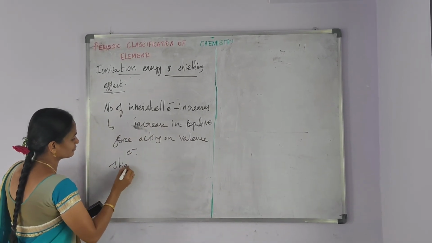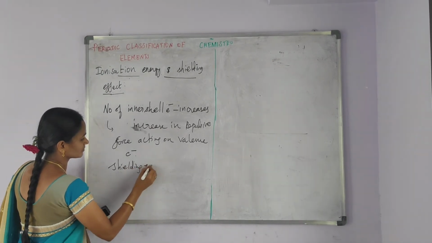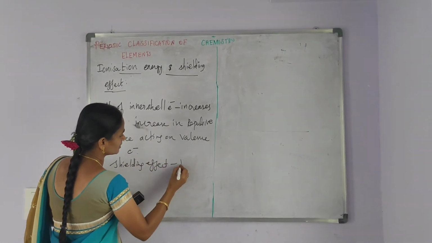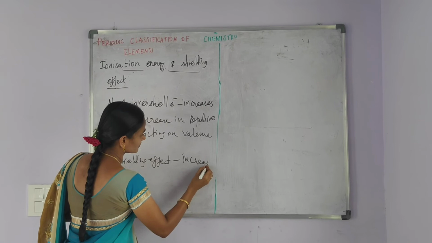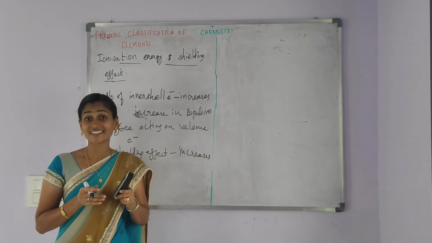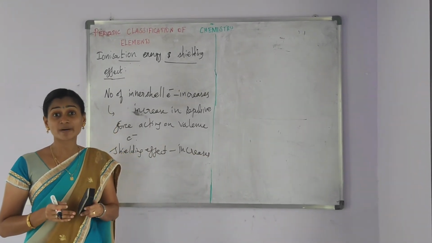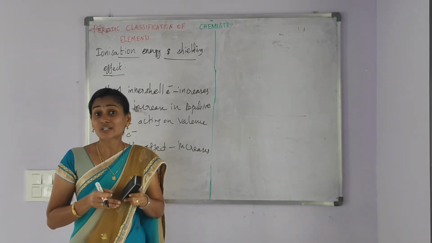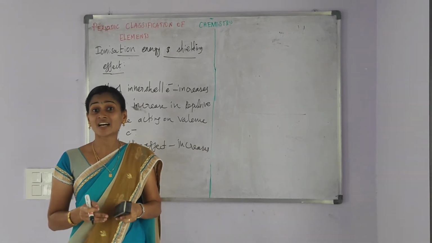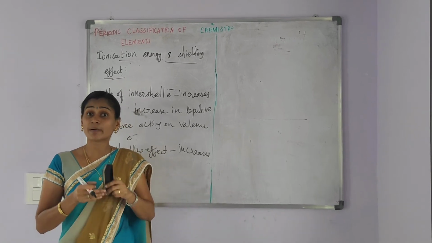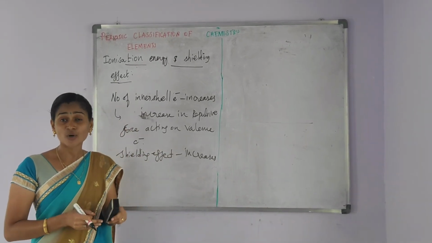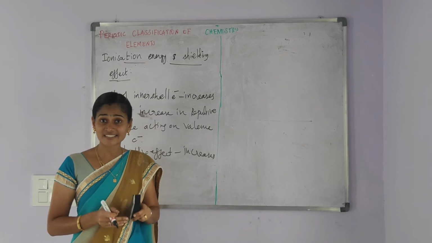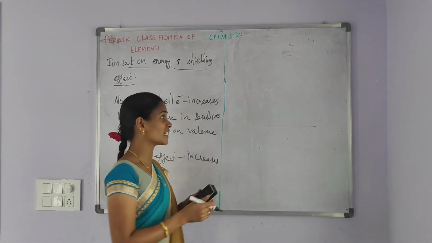So, the shielding effect also increases. The increased shielding effect caused by the inner electrons decreases the electrostatic force acting on the valence electron by the nucleus. So, ionization energy decreases on moving down the group.